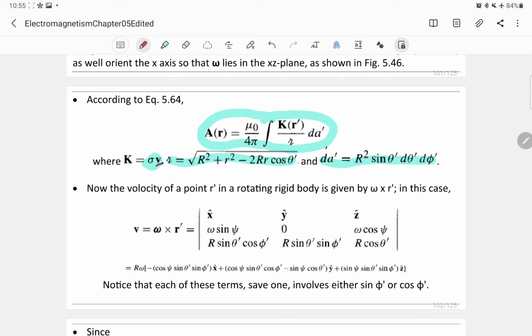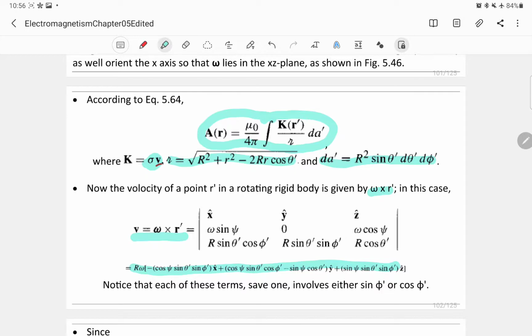Here the velocity of a point r in a rotating rigid body is given by this. These are vectors, vector omega cross vector r prime, and in this case you will have this one, and finally you will have this.